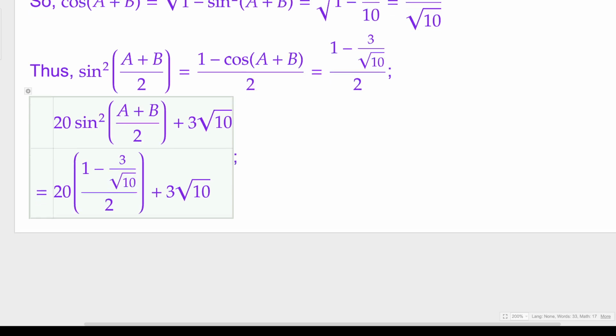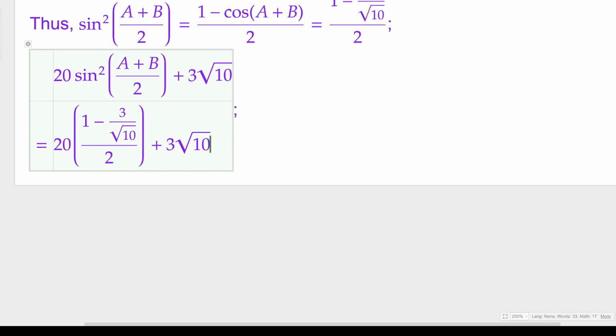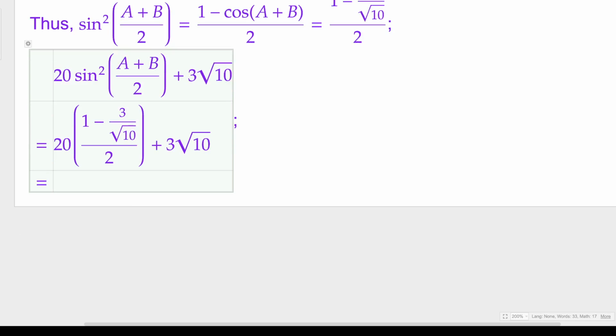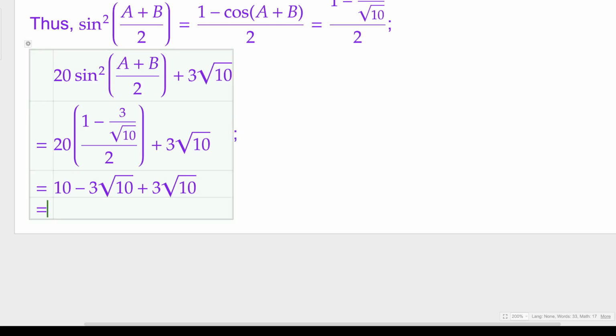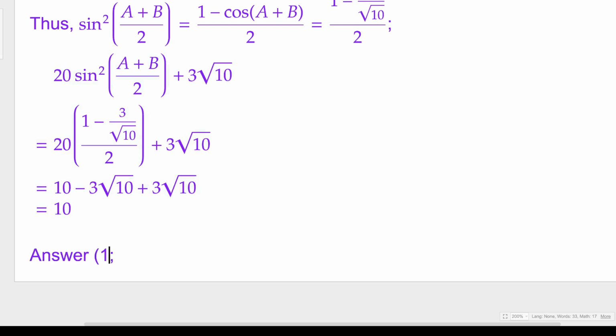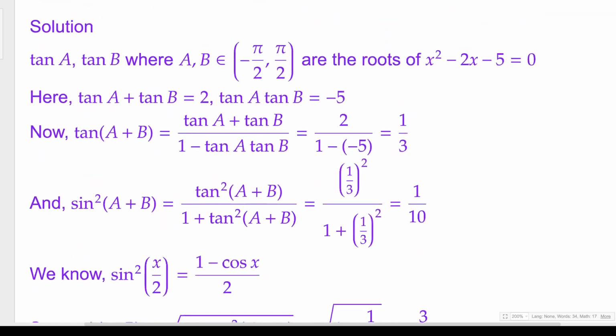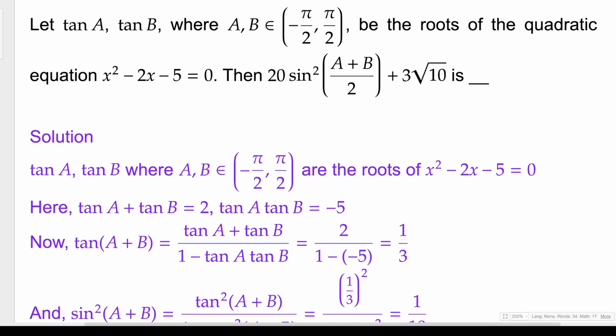On resolving, the 2 and 20 become 10, with square root of 10 in the denominator. This gives 10 minus 3 times square root of 10 plus 3 times square root of 10. The positive and negative same quantity cancel out, and hence our output is 10. So for this problem the answer is 10, and hence it is solved.